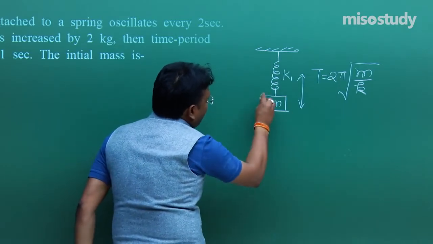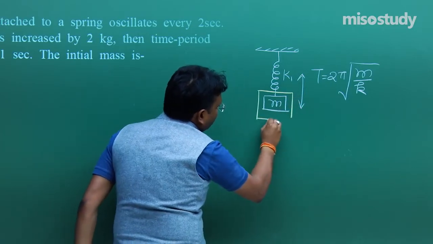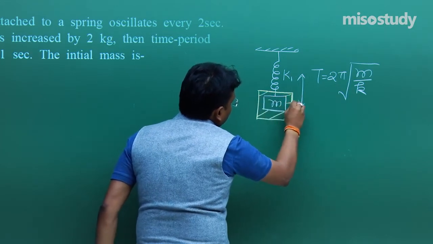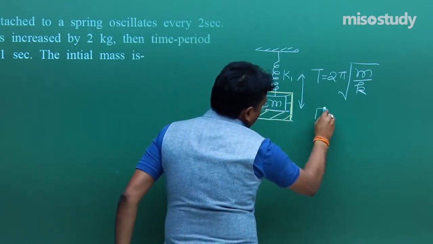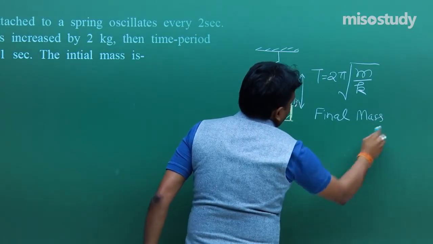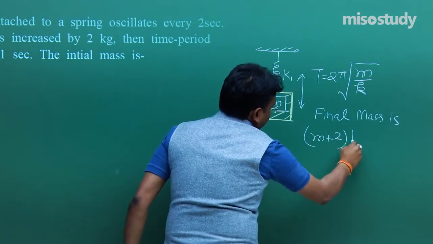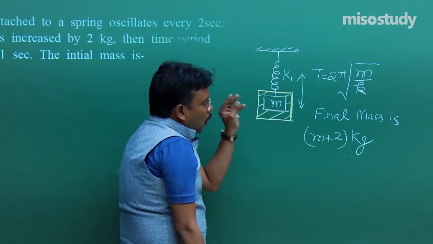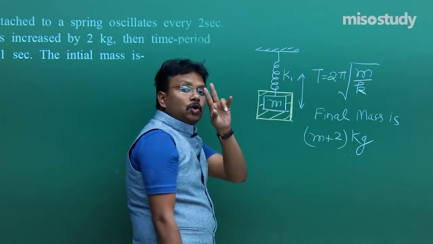It means anyhow, let's say a bigger mass is added over here, this way, by 2 kg. It means final mass is how much? M plus 2 kg.